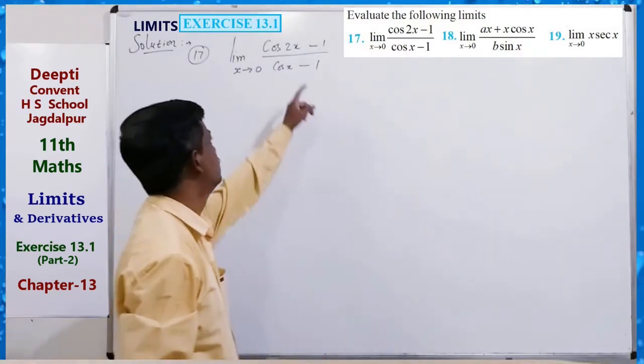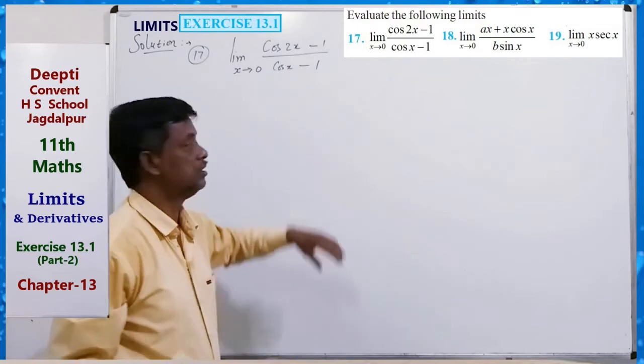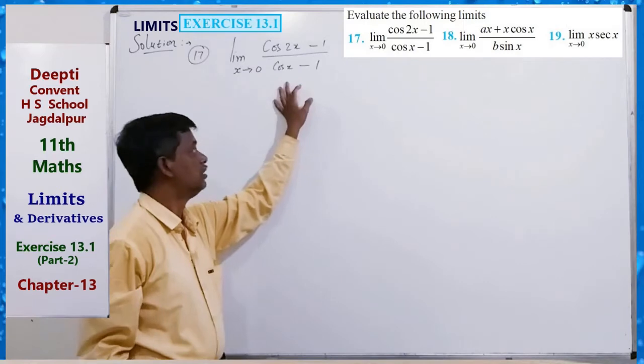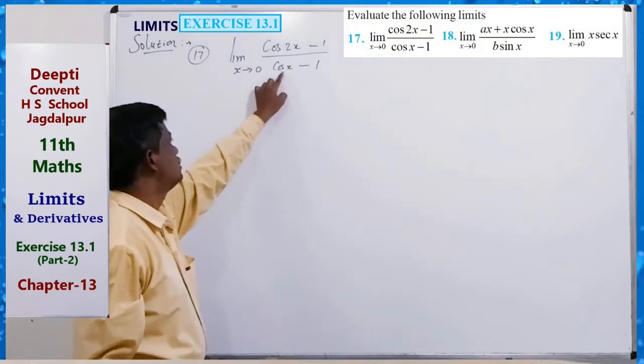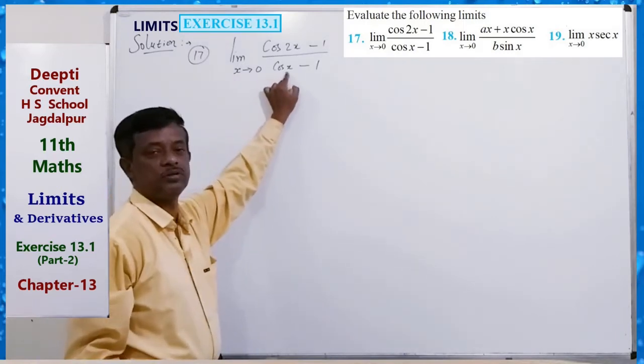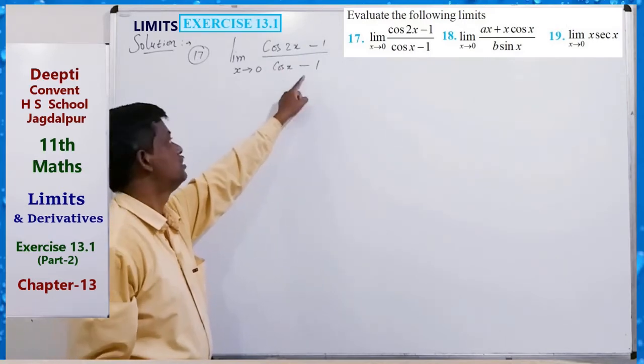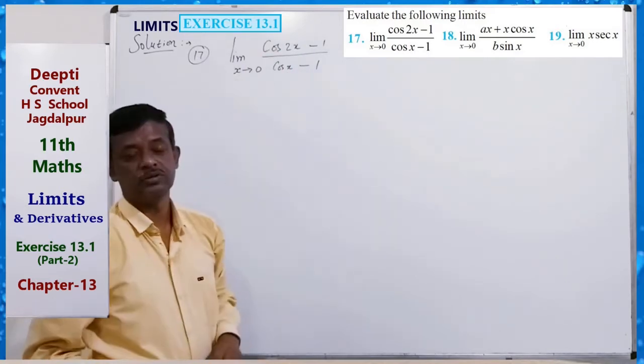This is a rational function, with numerator and denominator. Here x tends to 0. If we put x equals 0 here, cos 0 is 1, 1 minus 1 is 0, so the denominator is 0 and the numerator is also 0.